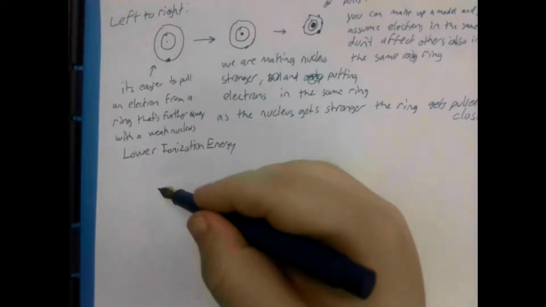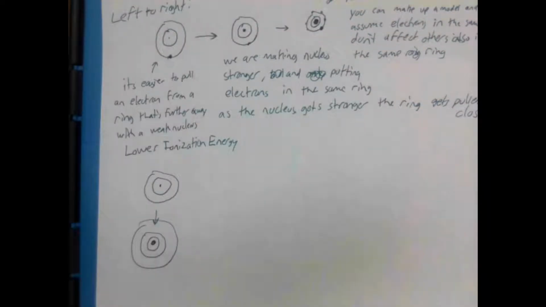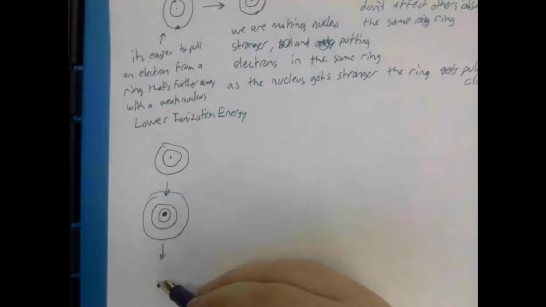So let's go down. As we go down, yes, the nucleus gets stronger, but we add another ring. So it pulls the orbits closer, but adds a whole new orbit.